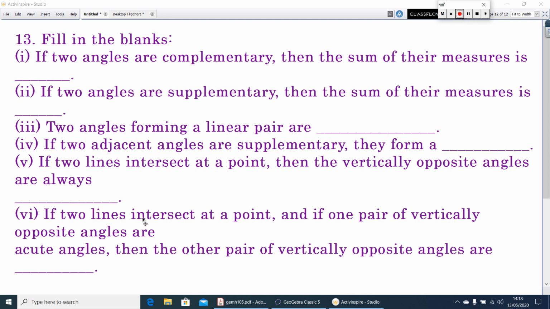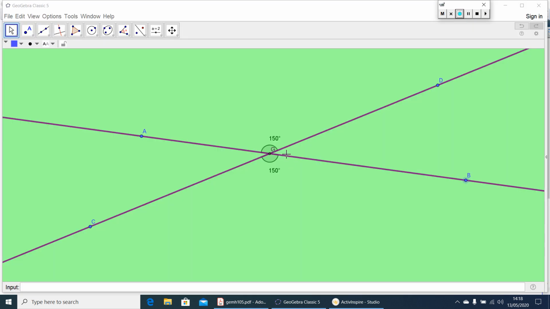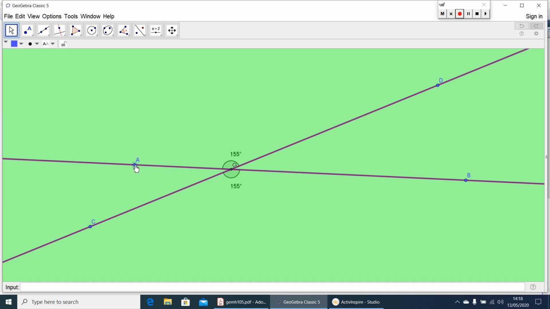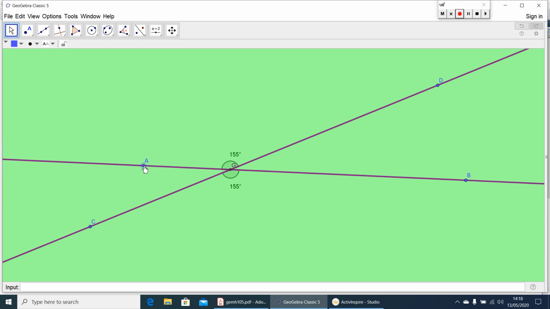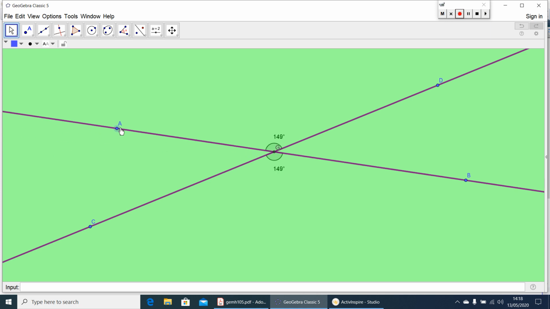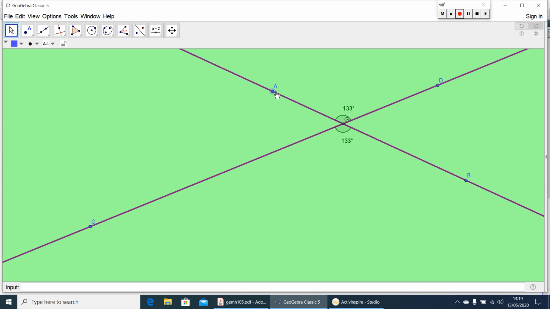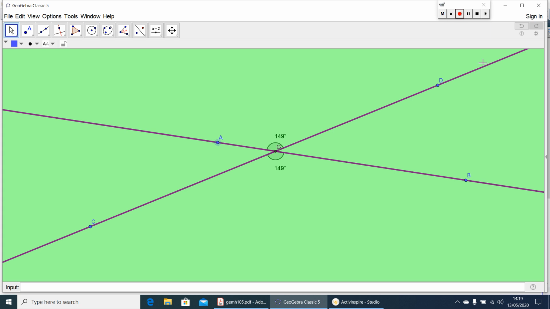That means here when two lines are intersecting, this pair angle AGC and BGD, these two are acute. Then what about the other pair is the question. So when one pair of vertically opposite angles are acute, obviously the other pair will be obtuse.